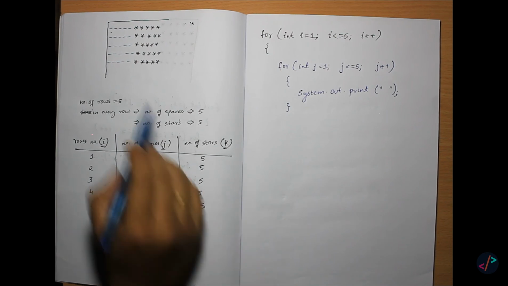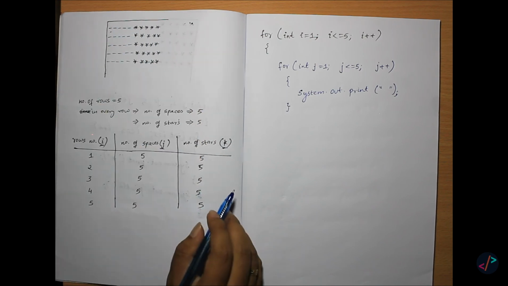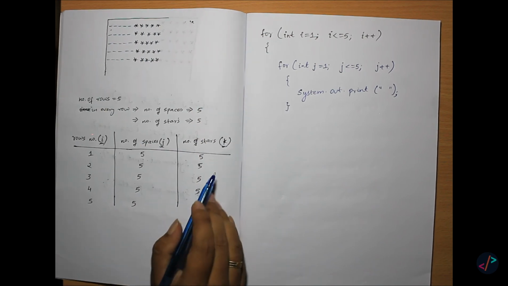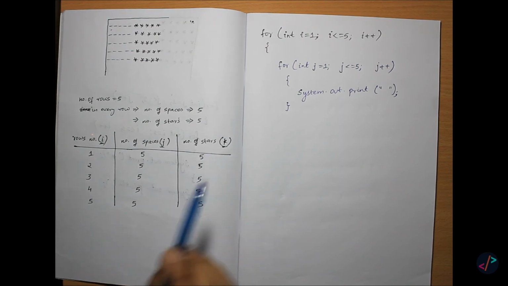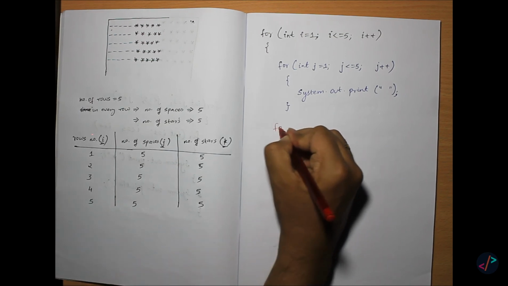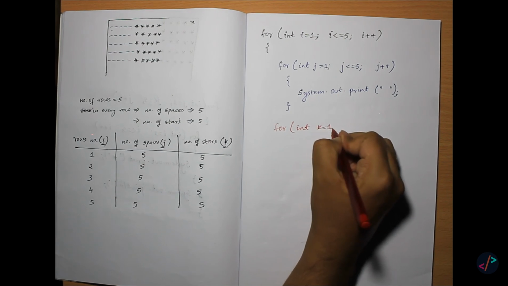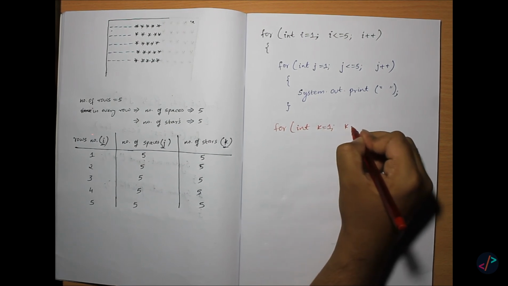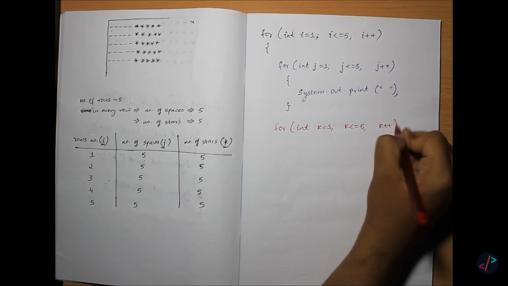Next, after printing 5 spaces, I now have to print 5 stars. If I have to print the stars, who is the fellow taking care of the stars? It is K. So I will write one more for loop here like this. For int K is equals to 1, K less than or equals to 5, K plus plus.